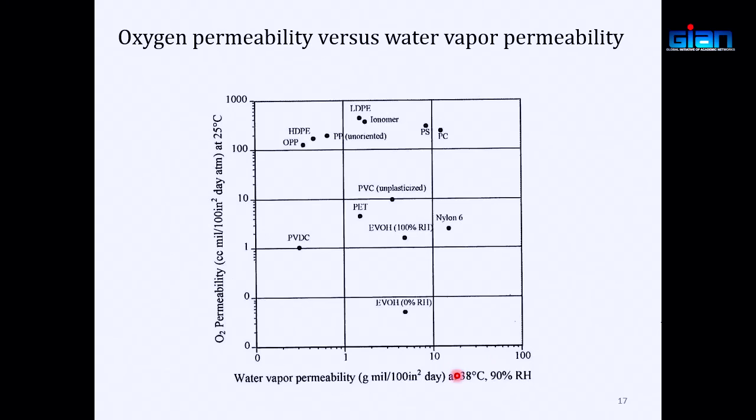You would ideally like to store in a low relative humidity environment, but for whatever reason, if you have higher relative humidity, then you will have higher transmission of gases, or the permeability of that film will be higher. So that's why they try to measure or give values on the safer side. That's why they have measured at 90% relative humidity.